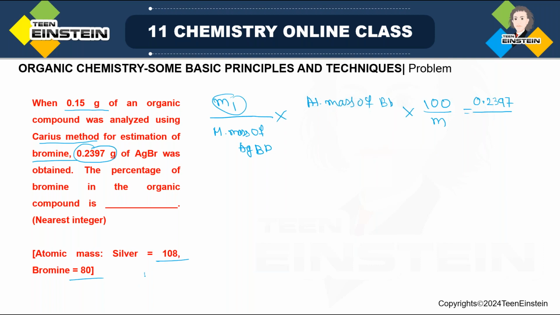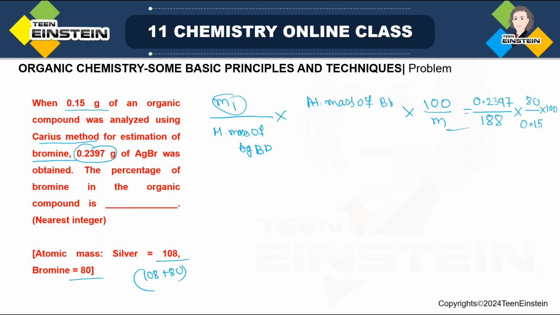Mass of AgBr is simply add these two. Atomic mass of Br is 80. M is 0.15.